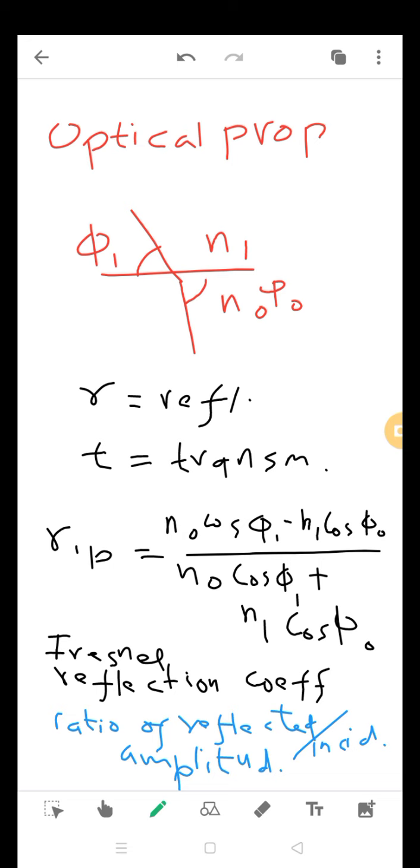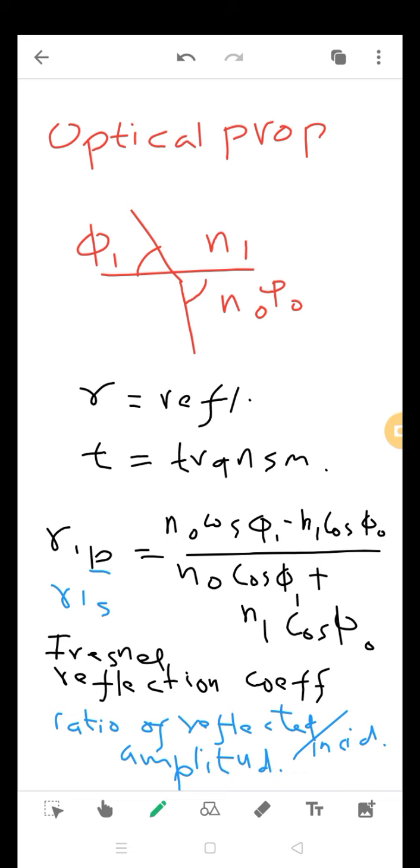Now the suffix p indicates that the vector lies parallel to the plane of incidence. So there are basically two components: one is R1P and another one is R1S. R1S is for the vector lying perpendicular to the plane of incidence.